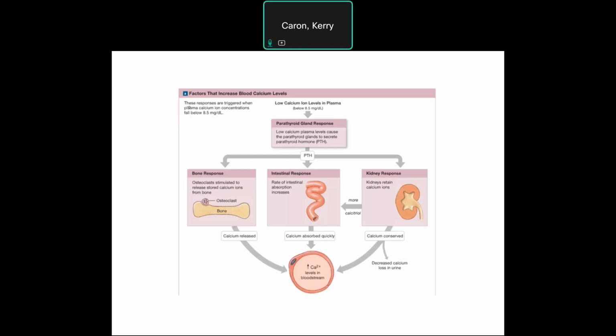So again, the parathyroid gland, this is the endocrine response to low calcium. It secretes parathyroid hormone, which causes an increase in blood calcium. It stimulates osteoclasts to break down some bone to raise blood calcium levels.